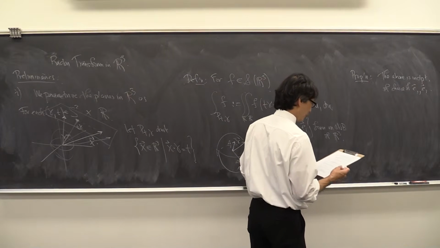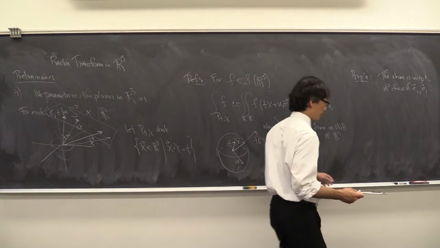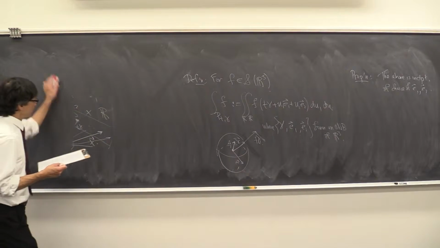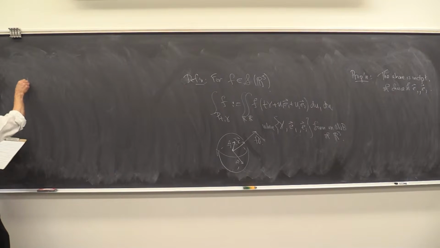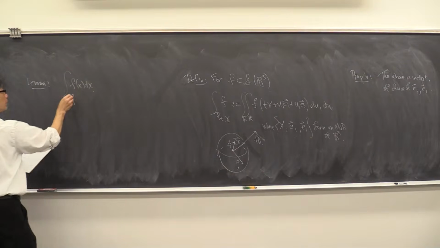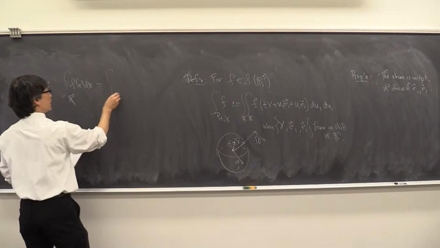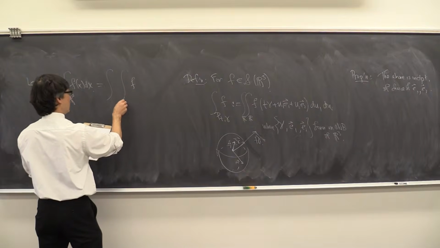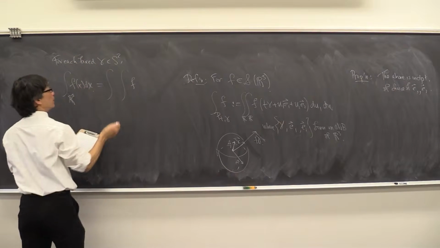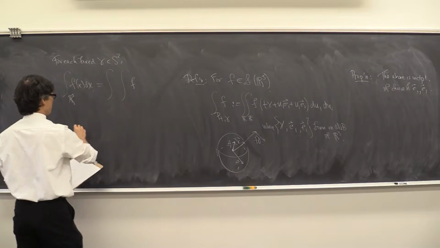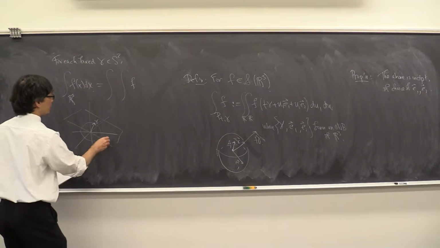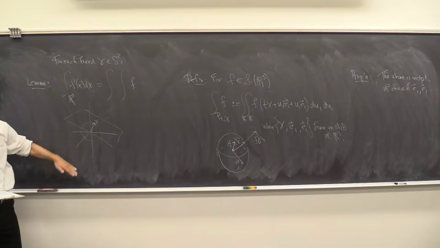One thing that's going to be useful for us is the observation that the integral over R3 is going to be the same thing as, for each fixed gamma in S2, if we fix a direction gamma, and then we take integrals over all planes in that direction.